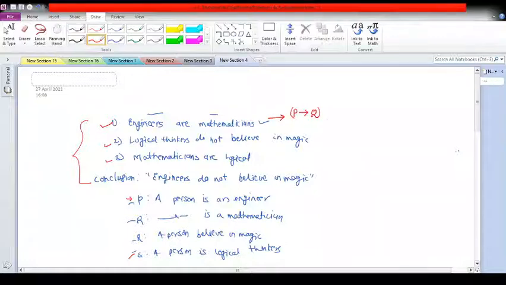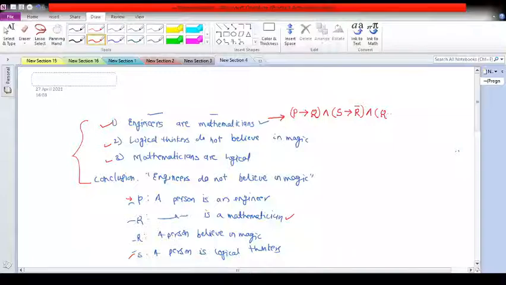Then the second statement, means it is the conjunction, so I'll do conjunction. Then we'll say that logical thinkers do not believe in magic. So logical thinkers is represented by symbol S, and it implies that it doesn't believe in magic, so it implies that it is R bar, meaning complement. Then next is the conjunction with mathematician and logical. So mathematician is represented by symbol Q here, and Q implies logical.